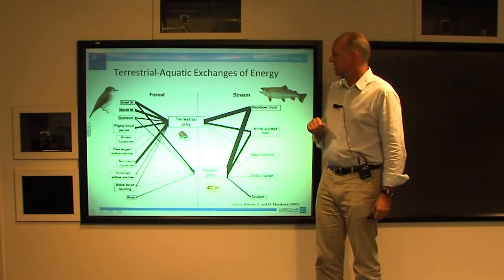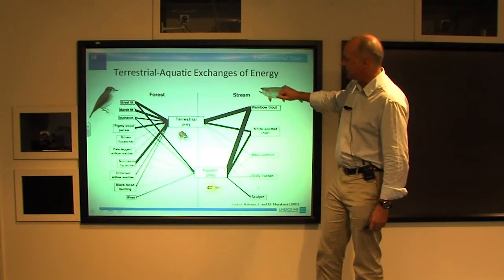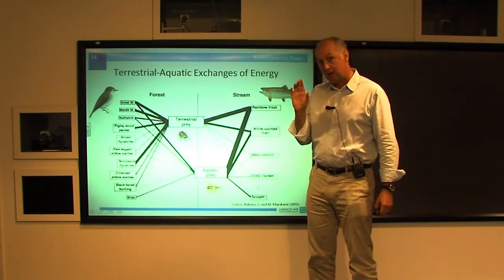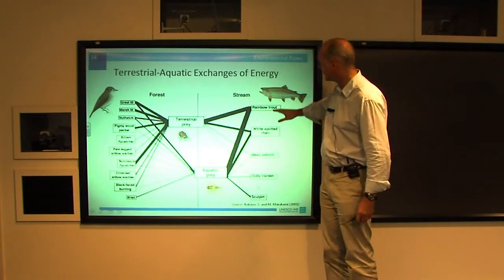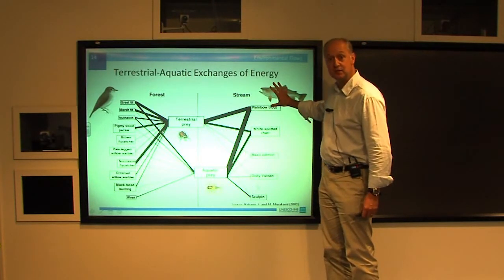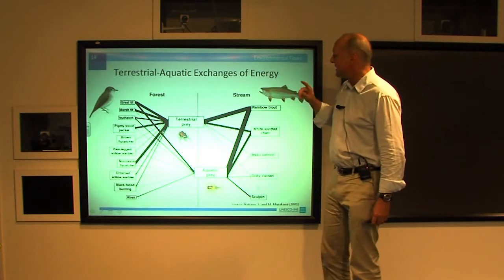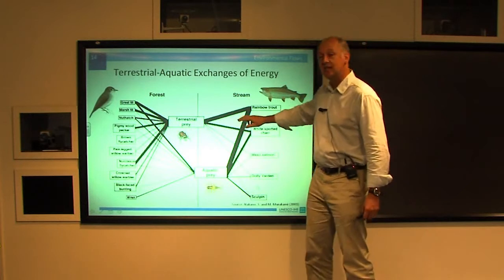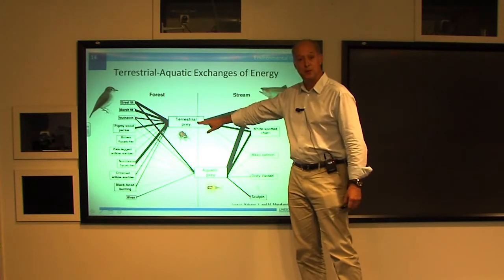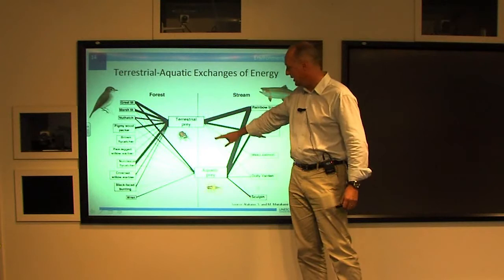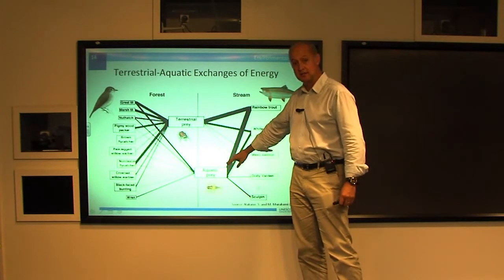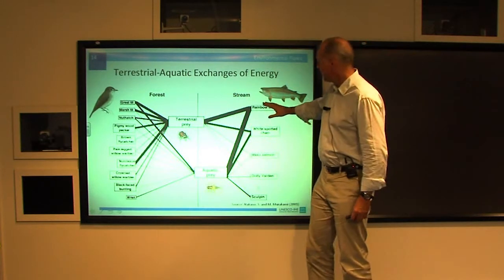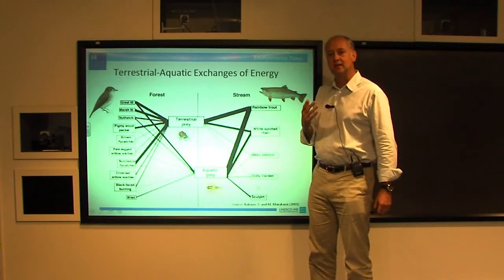These are the results of an interesting study by some Japanese scientists that looked at a number of different forest bird species that lived in the riparian forest, also of trout and fish living in the streams, and they looked at the prey that those organisms were consuming. And they distinguished between terrestrial prey, so terrestrial insects primarily, and aquatic prey, aquatic insects, or the aquatic form of different insects. And these lines show the distribution of feeding of each.